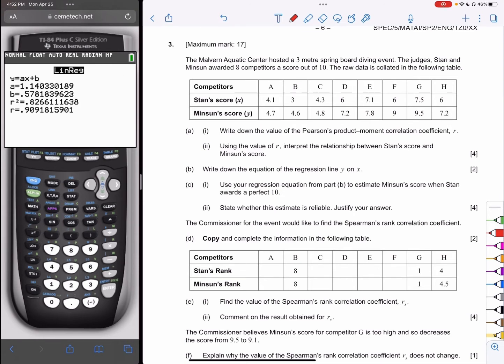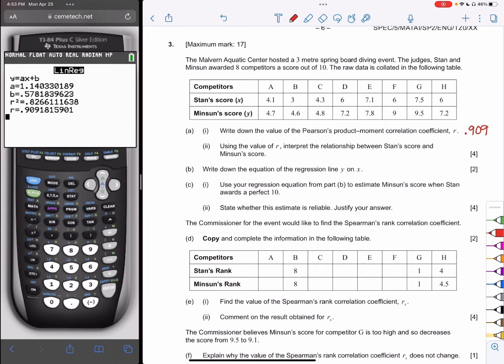And now we will end up seeing that there will be an R value. And the R value here is going to be 0.909. All right, so that's the Pearson's correlation coefficient.